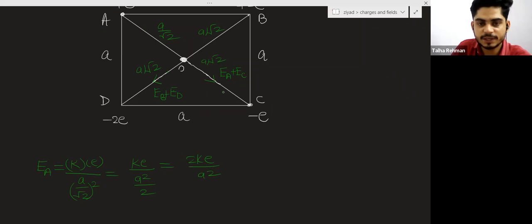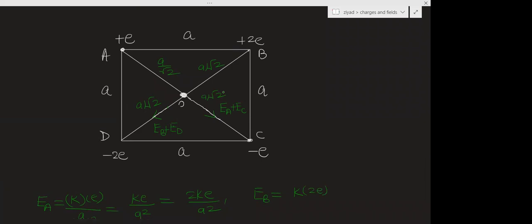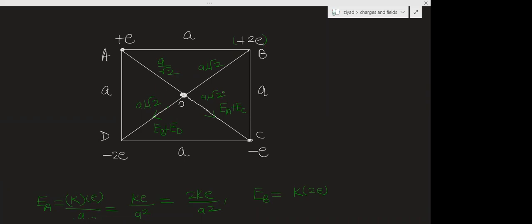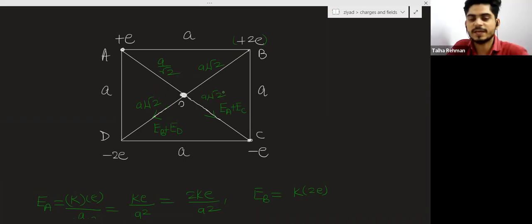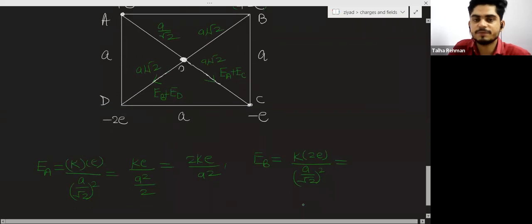When you calculate EB, what is the charge we will take? 2e, because we are calculating the electric field due to this charge at this point. So we will take k, the charge, divided by the distance squared. In a numerical, we just have to apply the formula.